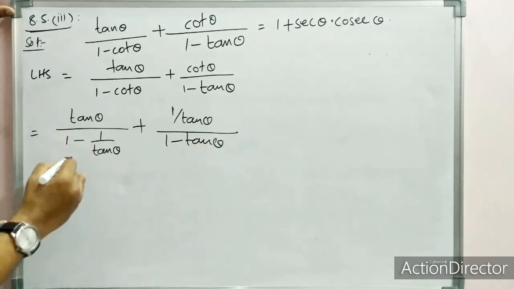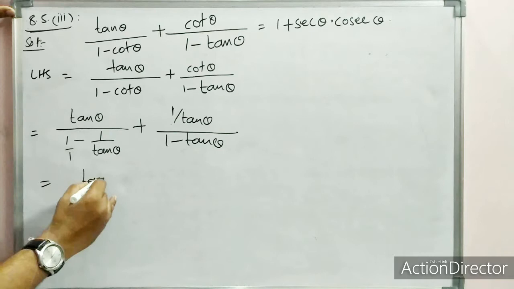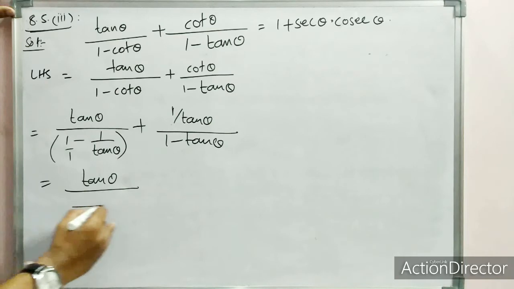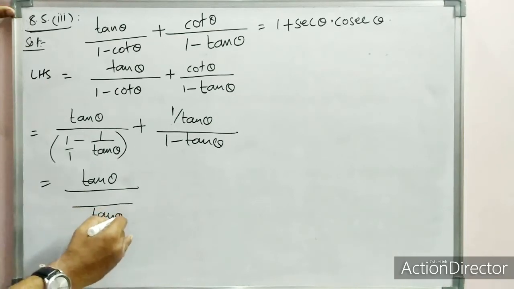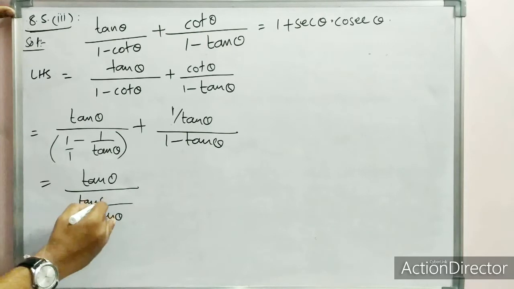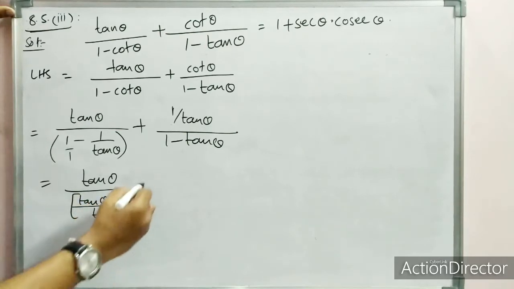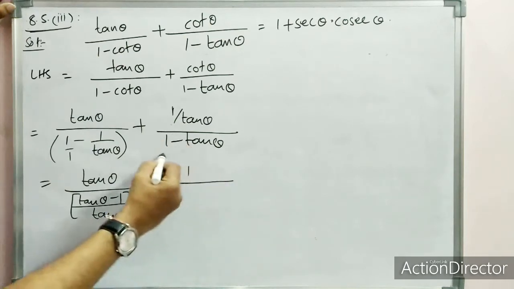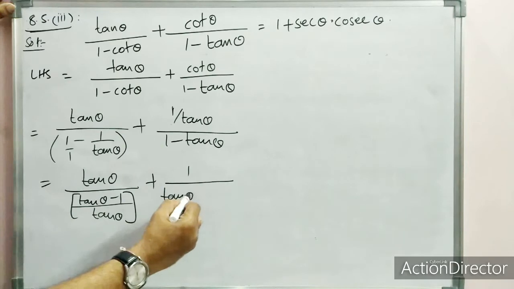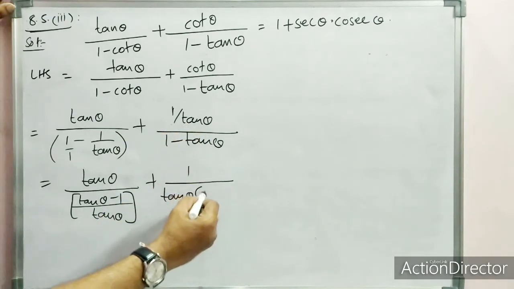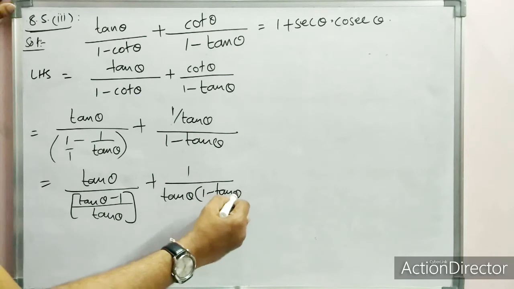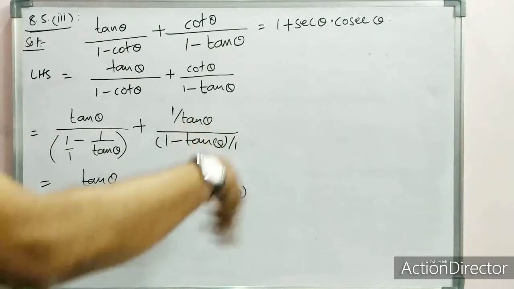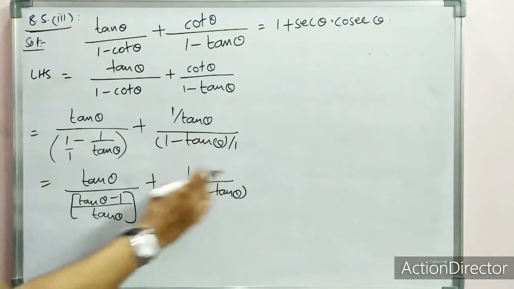Now the numerator is tan theta as it is. By here this part you take the LCM, that LCM is again tan theta, it will become tan theta minus 1, whereas plus, this I can write 1 by tan theta, and the denominator is again 1 minus tan theta, this is as it is. Don't get confused, this is over 1, and if I take the reverse also I will get the same value.